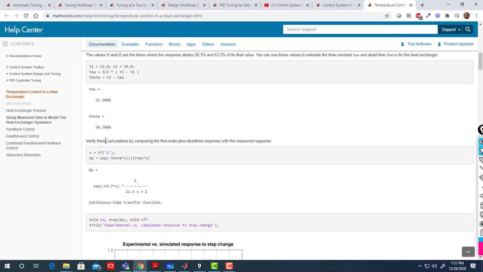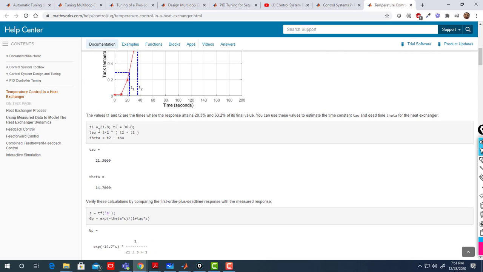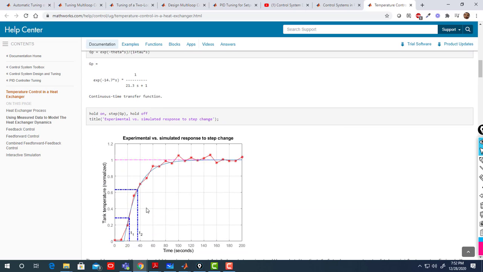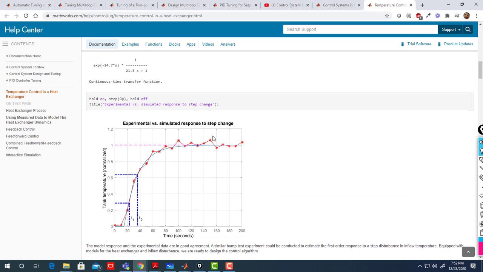Well, in their method they take tau as 3 over 2 times T2 minus T1, where T2 is at 63.2% and T1 is at 28.3%, and it seems to verify their expectation. So you could use what we know about system identification of a first order system and see how close it is to this one.